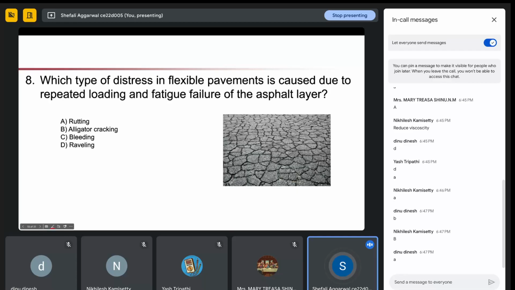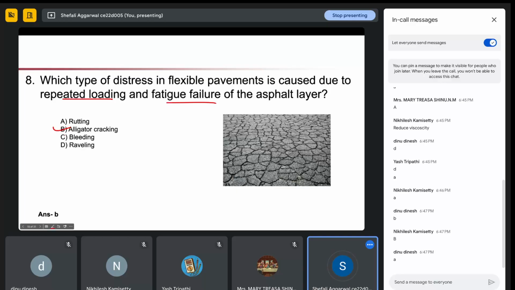So if you remember in our slide when we were talking about different types of failure, in fatigue failure or in repeated loading, this is the type of cracks we have seen, right? So this type of crack corresponds to alligator cracking.